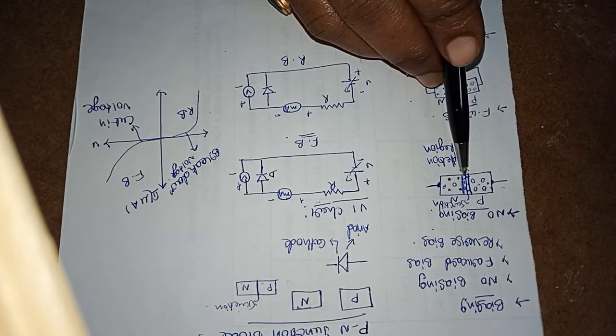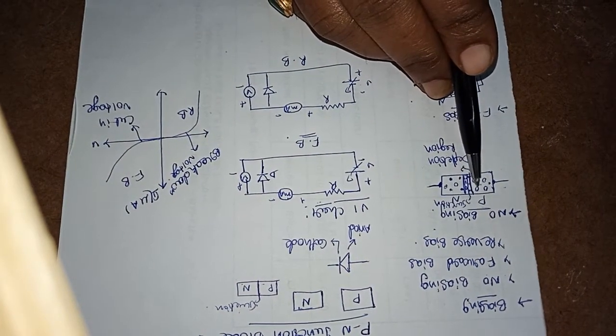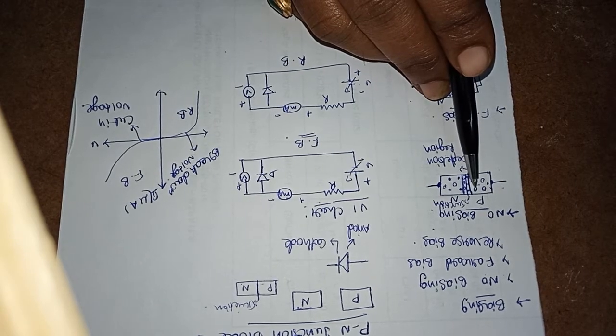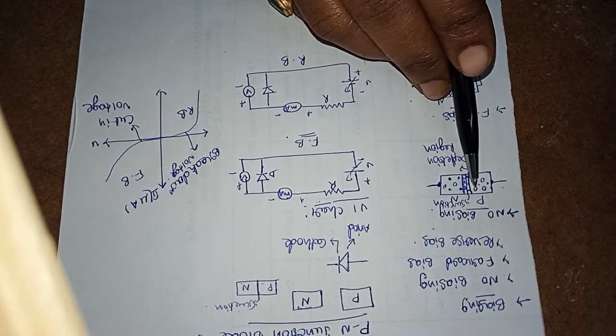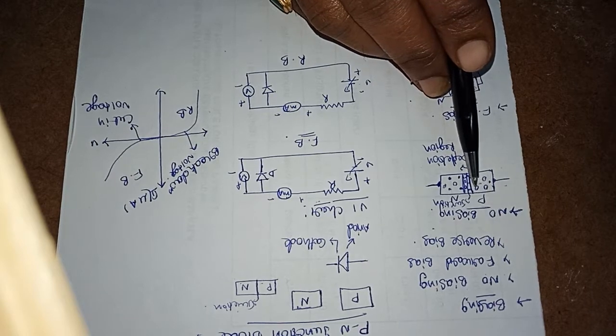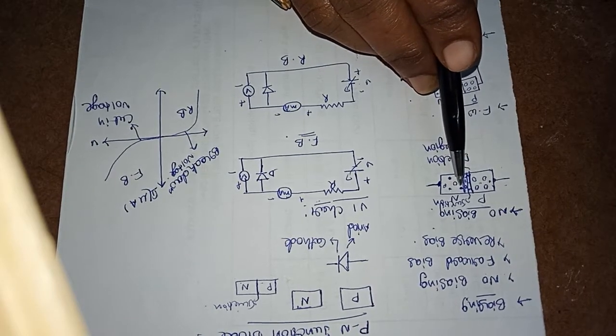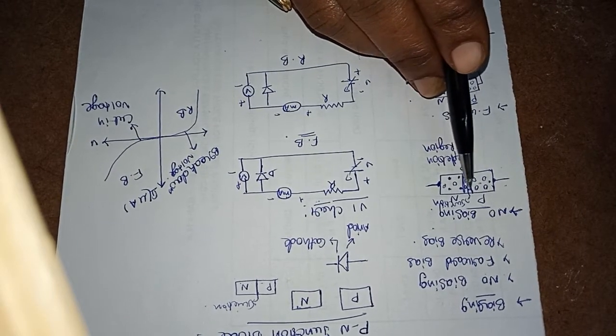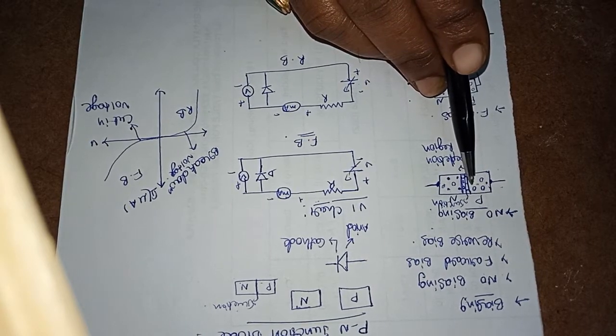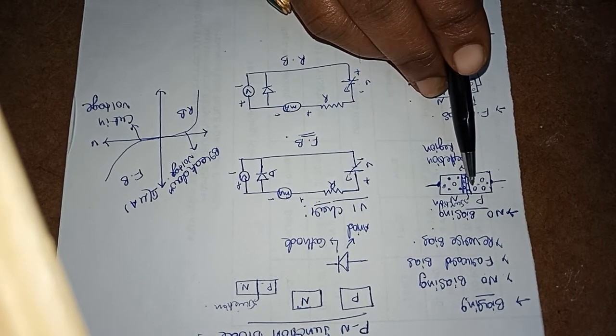So at the junction, the majority charge carriers of the P-type material, the holes, are attracted to the negative side, and the N-type electrons are attracted to the positive side, which is the P-type material.